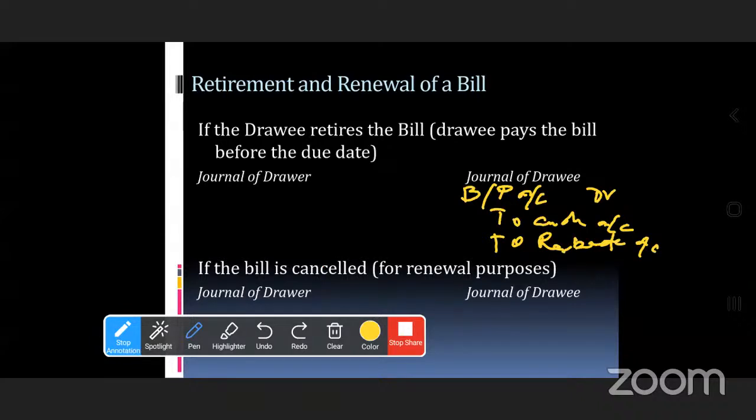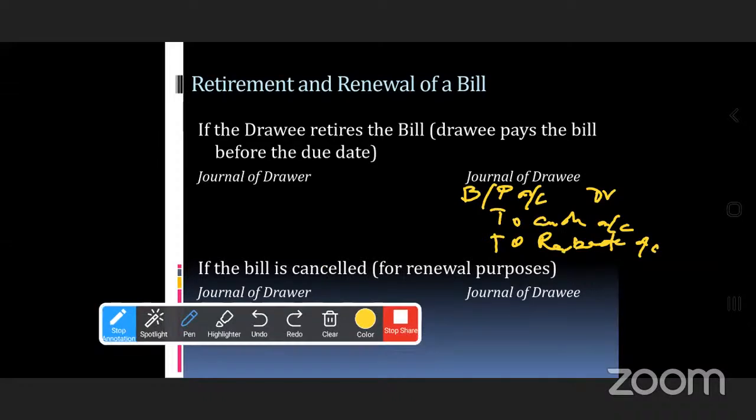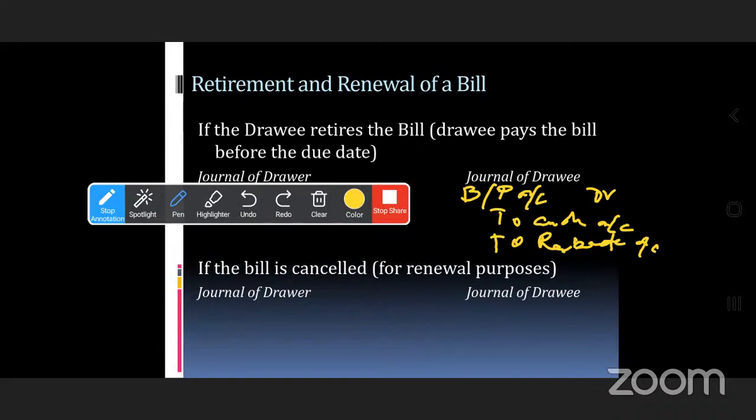Okay. Now let us see the renewal of the bill. So the bill is cancelled for renewal. Again here, in the drawer's books, some entry was made for dishonor of the bill under each of the cases.